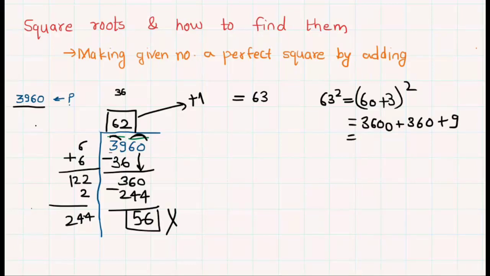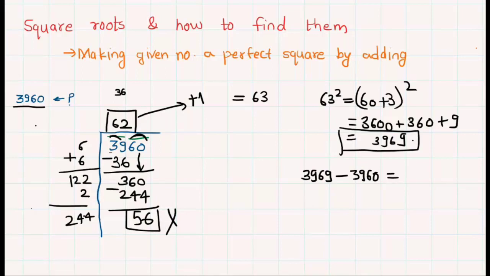So this is equal to 3969. Okay, so this is our square. Now what we do is subtract our given number from this number. So we can say that 9 should be added to the given number to make it a perfect square.